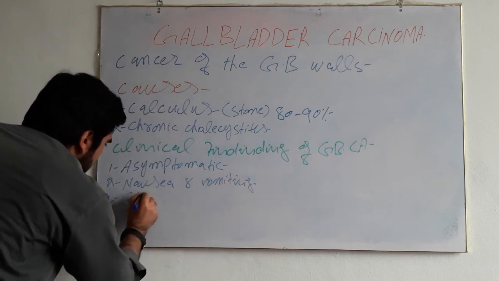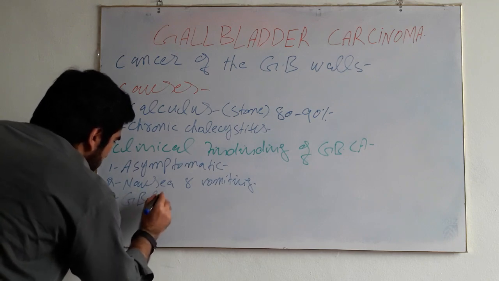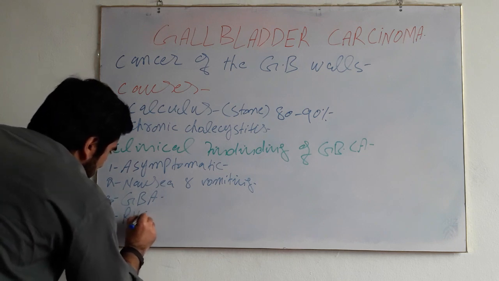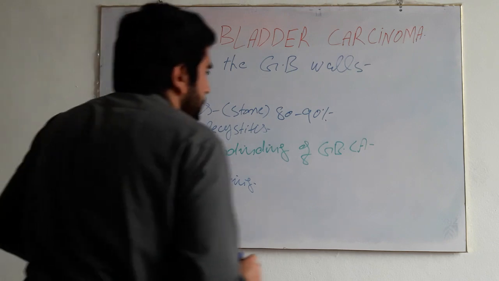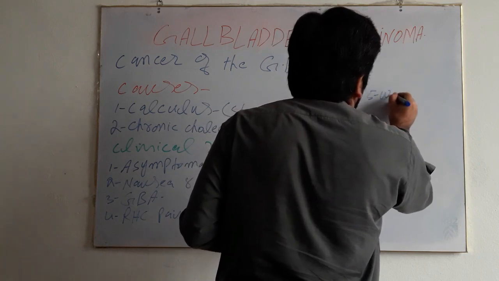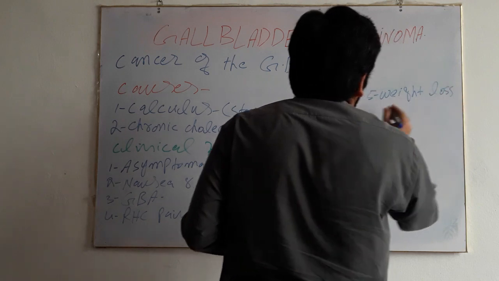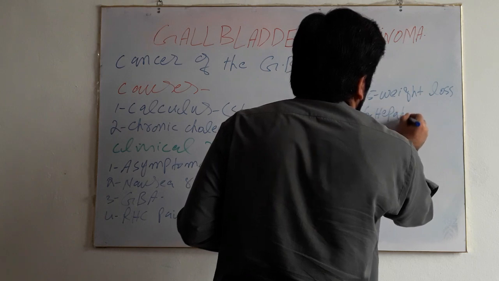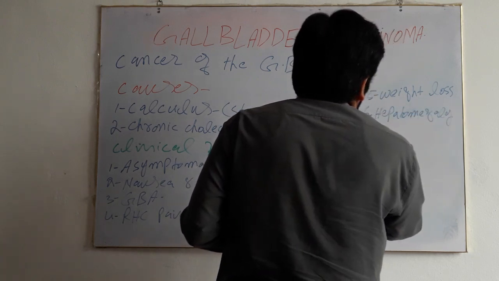Third, generalized body aches, right hypochondrium or right upper quadrant pain, and also weight loss, hepatomegaly, and jaundice.